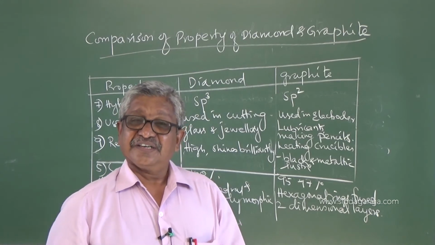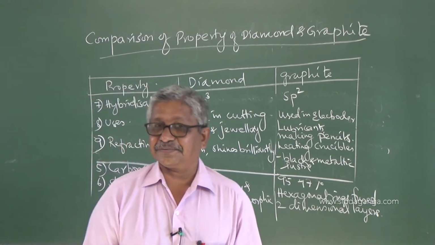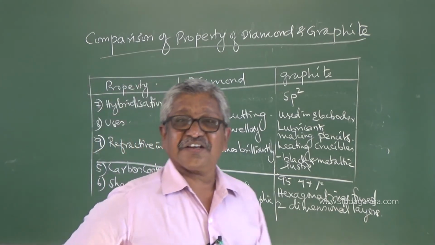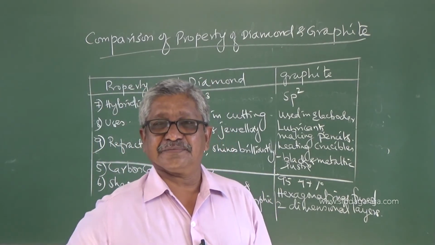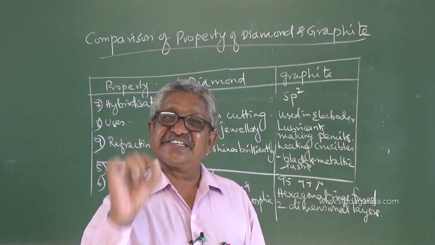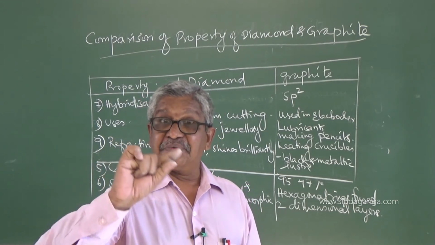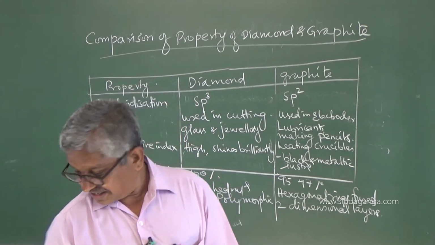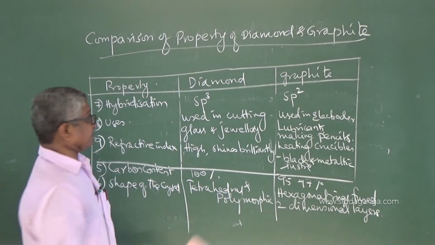Next, another crystalline substance of carbon: along with diamond and graphite, there is another crystalline substance made from graphite, fullerene.